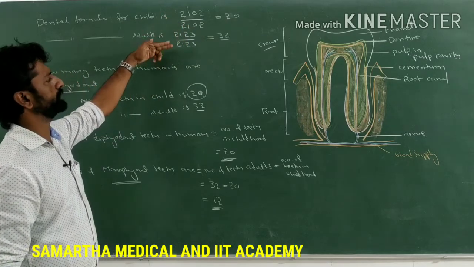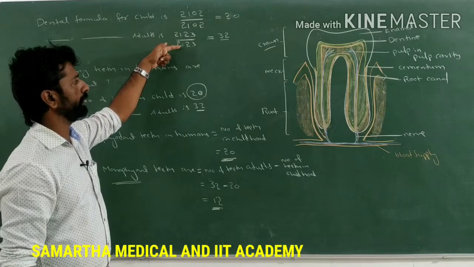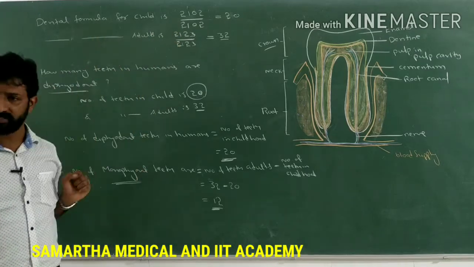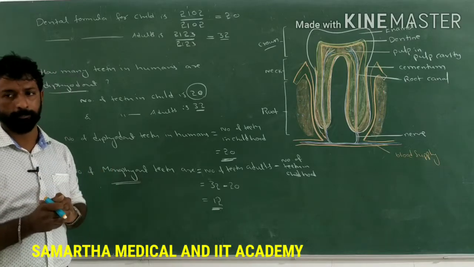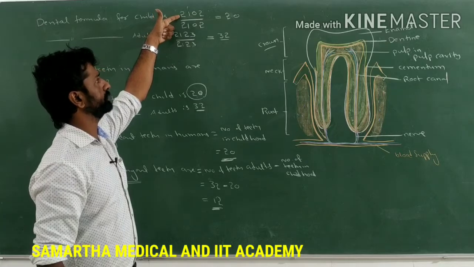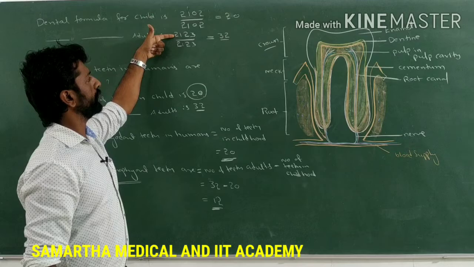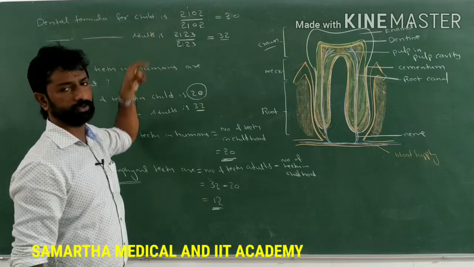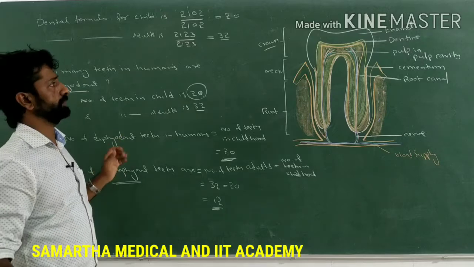The same number also appears in adults. So their number is the same, and the total number of canines are diphyodont only. Then incisors, their number is also the same: 2 in half of the upper jaw and 2 in half of the lower jaw, in adults as well as the child. There is no change in that.